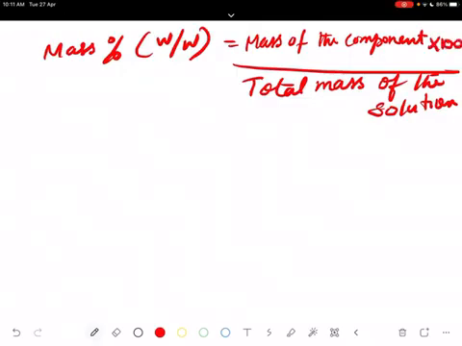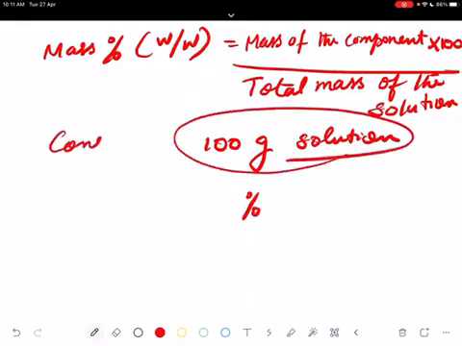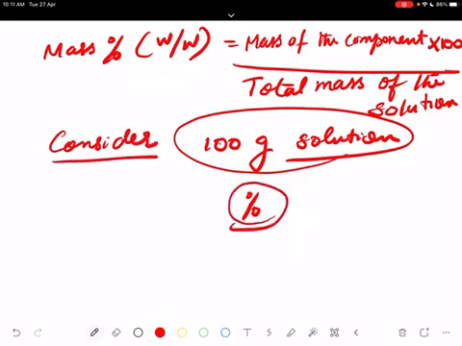That means we are finding out the amount of the solute in 100 gram of solution. So whenever you see this percentage sign, you have to consider 100 gram of the solution.